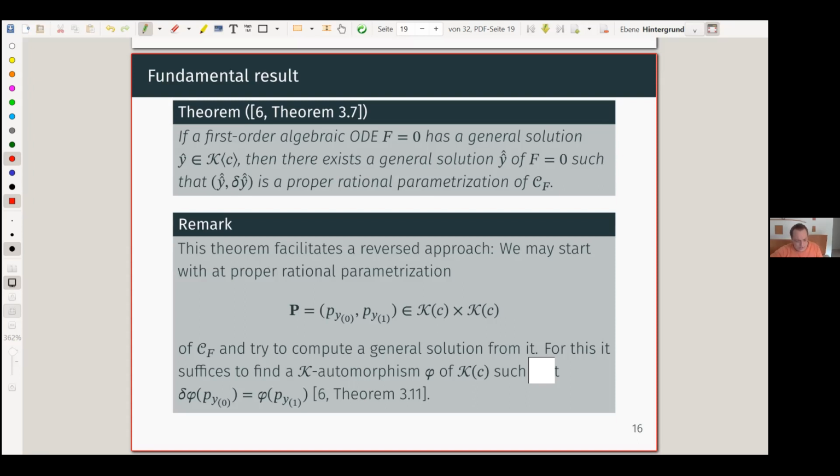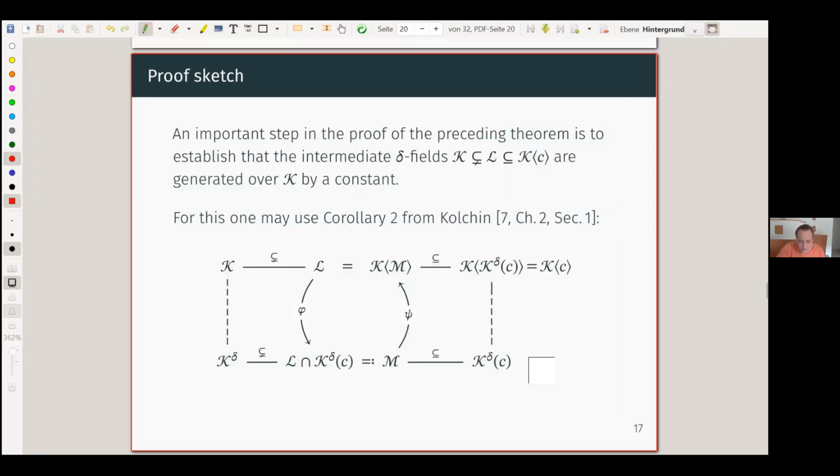Well, but then I can just compute any proper rational parameterization of this curve CF and try to obtain a solution via a Möbius transformation, which we know that all proper rational parameterizations of the same curve are related by. So I can more or less break it down to parameterizing this curve and then trying to find just a linear rational function, such that the result will then solve my differential equation as well. And this is the basic approach, how we attack this problem.